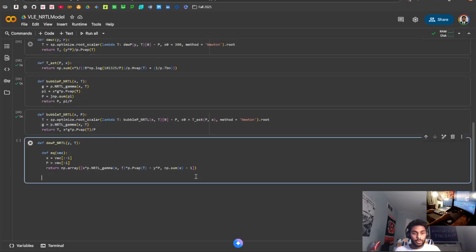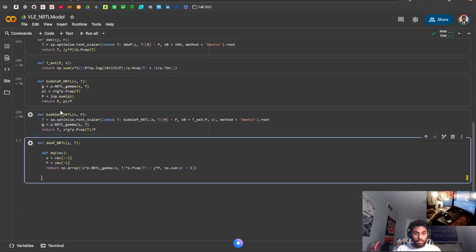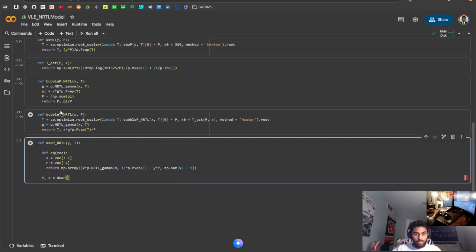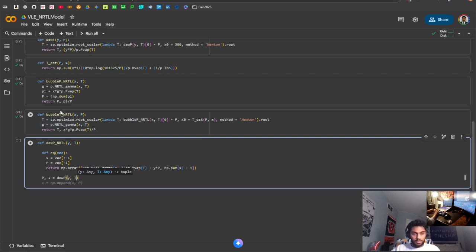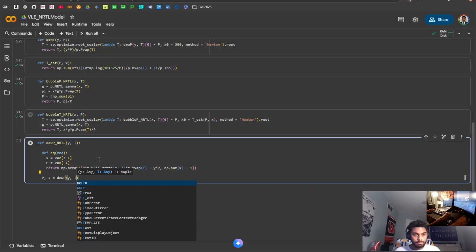So what I'll do here is we're going to unpack our outputs here. So it actually goes in order P and then X, and that's going to be equal to our DUP with our inputs of Y and T. As you can see, that follows that nomenclature that we have up here.